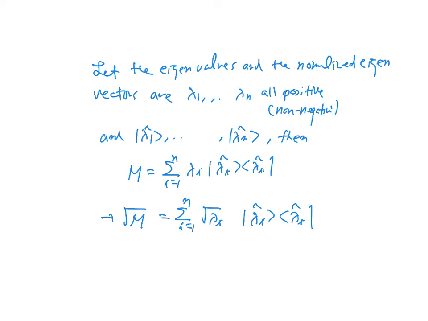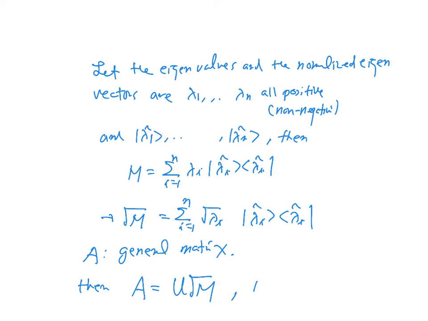Using these properties, we can actually expand an arbitrary matrix. When A is a general matrix, then A can be written as U root M, where U is unitary.